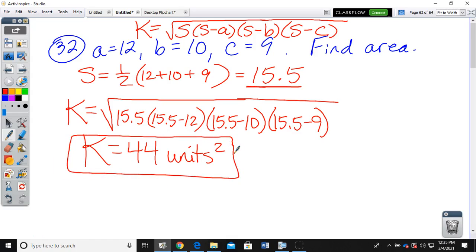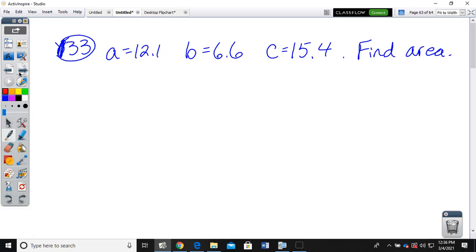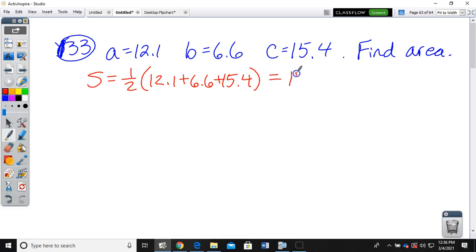And then you do the same thing on 33. Okay? Find S. Everybody got 31 yet, or 32? 33. Same process. We find S first. S is going to be 1/2 of 12.1 plus 6.6 plus 15.4. I'm going to need your help on that one. Do y'all know what that is? 17.05. Okay.